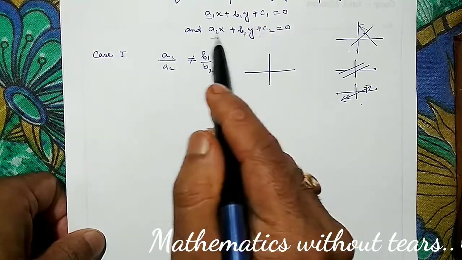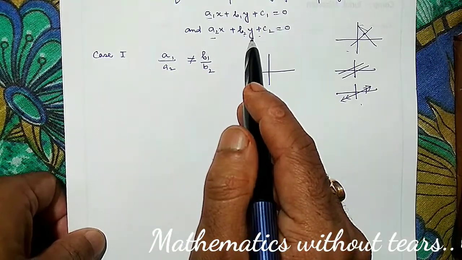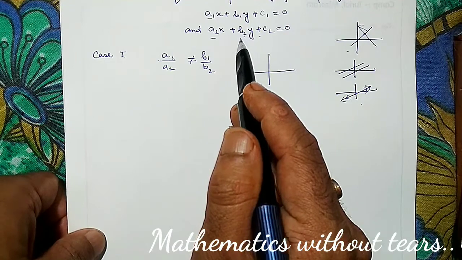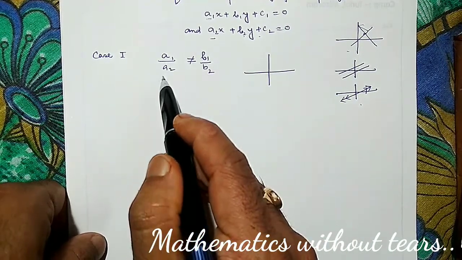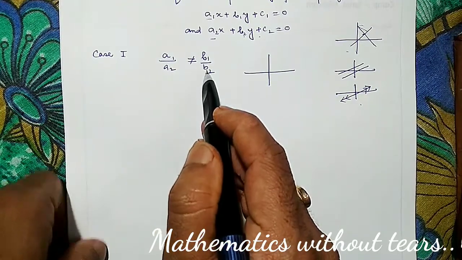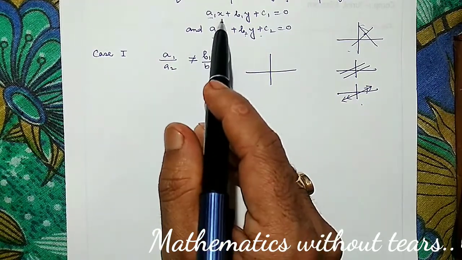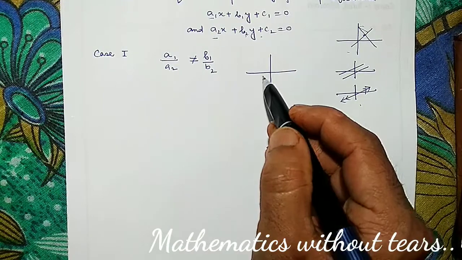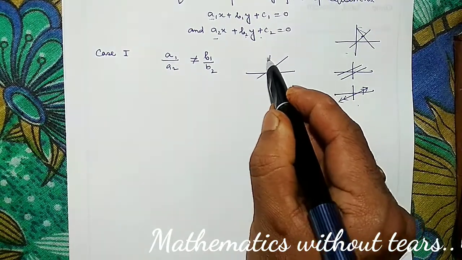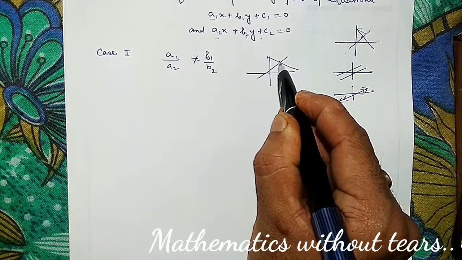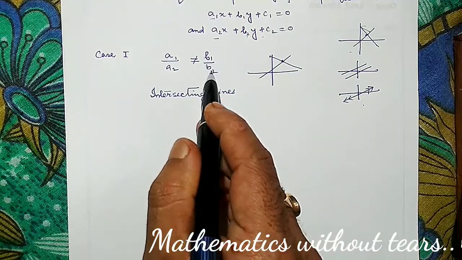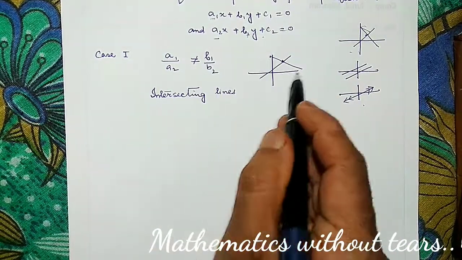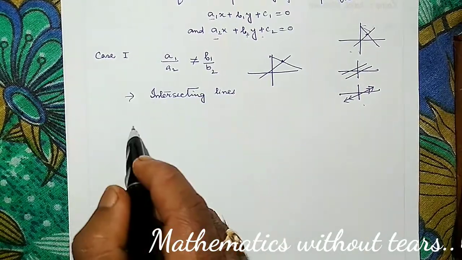Suppose we have these two equations and we want to check whether the lines will intersect at a point or not. For this, we have to check that a1 by a2 should not be equal to b1 by b2. If a1 by a2 and b1 by b2 are not equal, then lines will intersect at a point. That means intersecting lines.